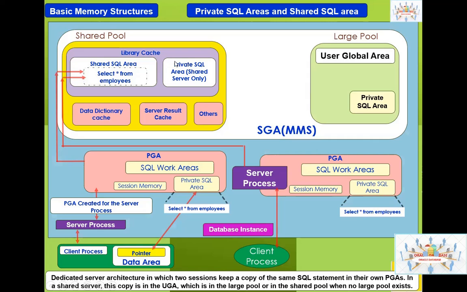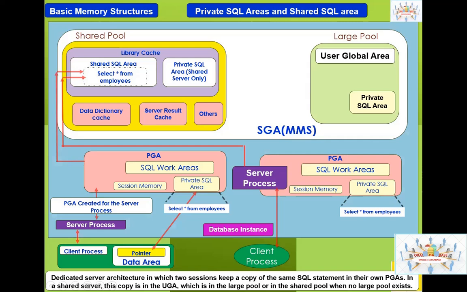That's why the private SQL area is listed here. The private SQL area is always going to be in the SGA when it comes to the shared pool, but that doesn't mean it is always shareable. Still it is unique for the particular user process, but it is located in the shared pool or in the large pool.